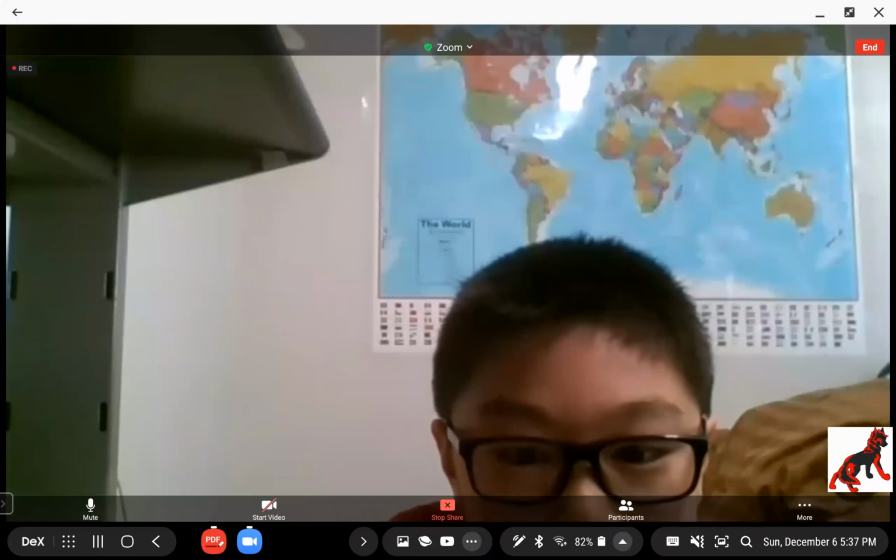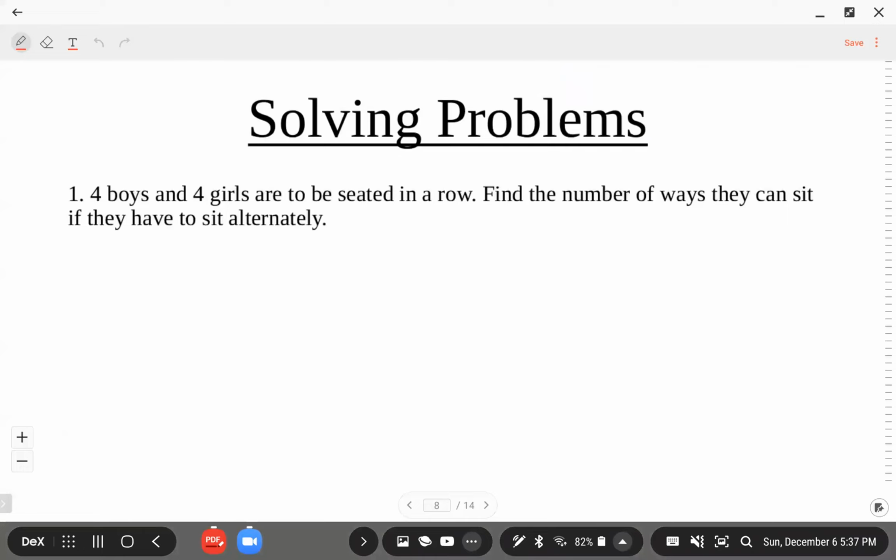So, I'll walk you through it. First of all, read the problem. Four boys and four girls are to be seated in a row. Find the number of ways they can sit, if they have to sit alternately. That means boy, girl or girl, boy.